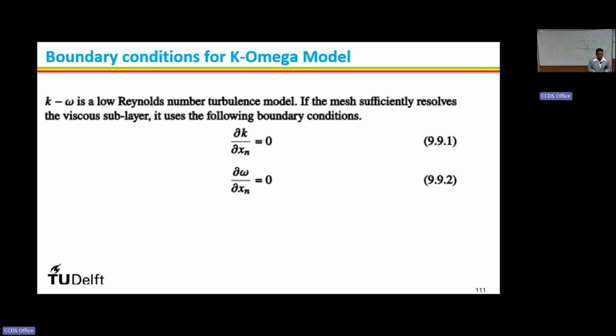These are all pure shear driven flow models. If there is a buoyancy driven flow, there is an additional production term due to buoyancy. To model that production term, you need a lot of other information, and you may need to solve an additional partial differential equation. Someone was asking about the Prandtl number. This turbulent Prandtl number is again another scaling factor like eddy viscosity: eddy viscosity divided by the turbulent Prandtl number, similar to the turbulent Schmidt number.